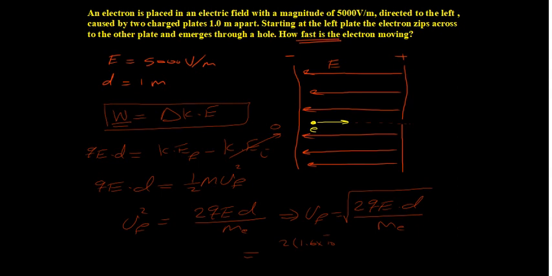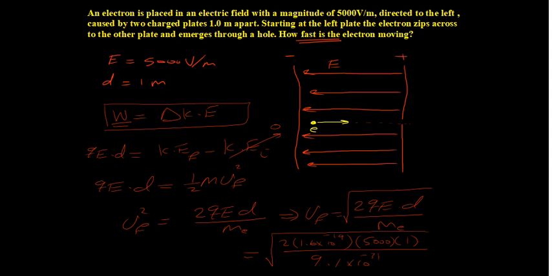So 2 times 1.6 times 10 to the power minus 19, the electric field is 5,000, the distance is 1, and the electron mass is 9.1 times 10 to the power minus 31. All this will be under the square root.